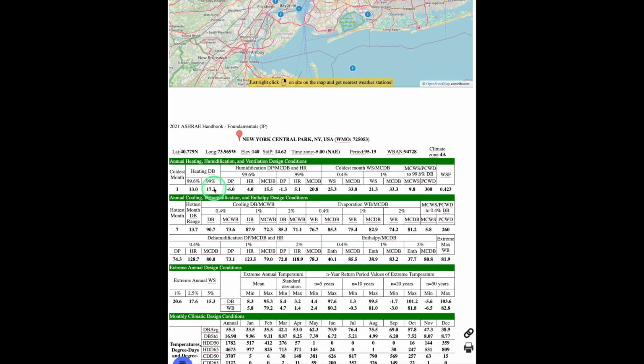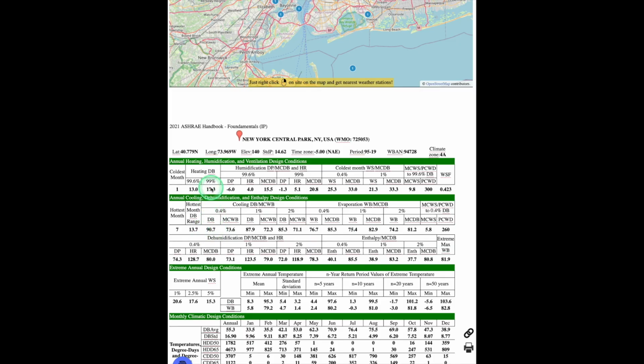The heating dry bulb temperature, 99% of the time, will not go below 17.3 degrees. Now, what if we did live in New York? 17 for winter. Let's look at summer over here. We're going to use 4%. So New York really doesn't get super high temperatures. They normally just see 90 degrees.